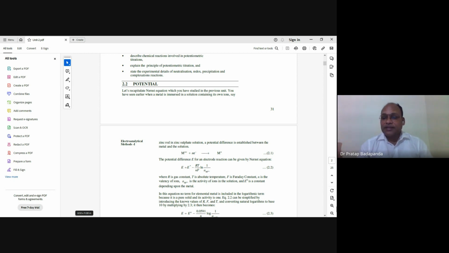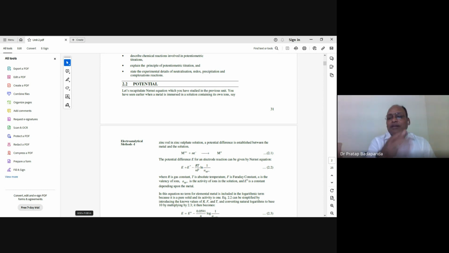Plus means I have already donated 2 electrons to someone else. Due to the deficiency, I need 2 electrons, so I pull 2 electrons towards me. This is the scenario.